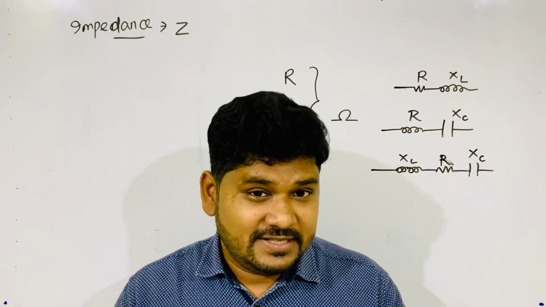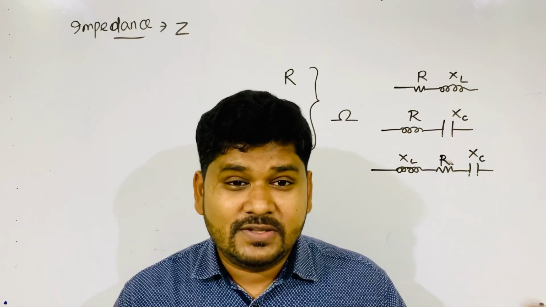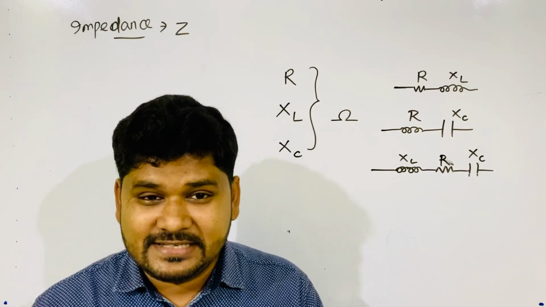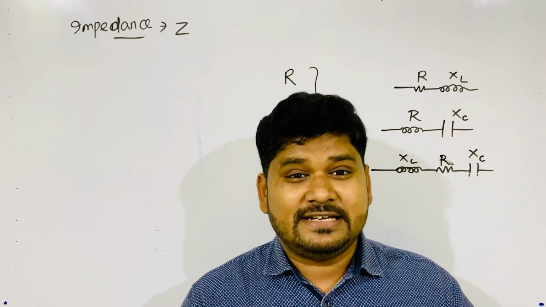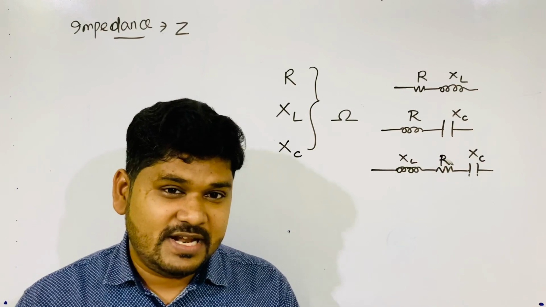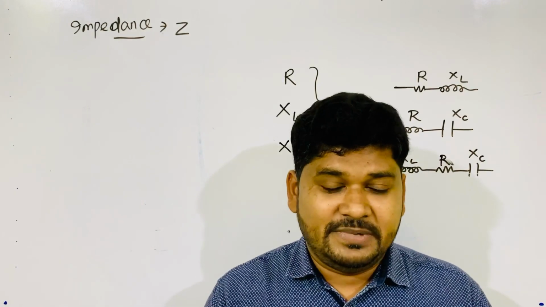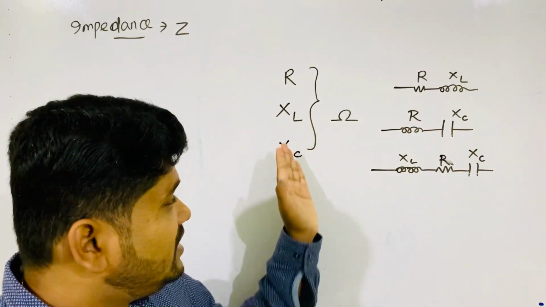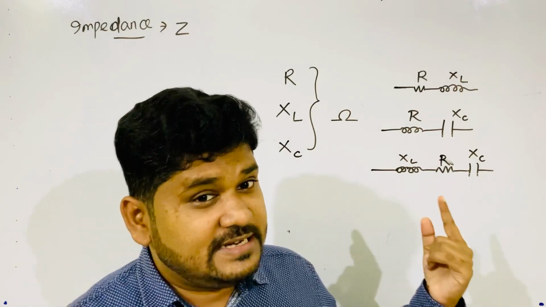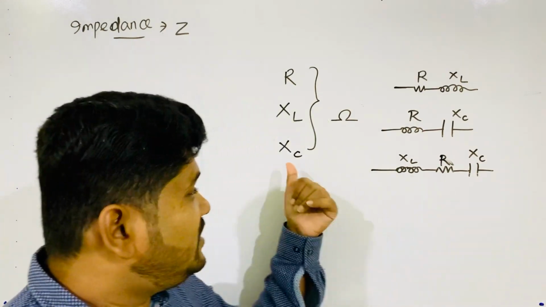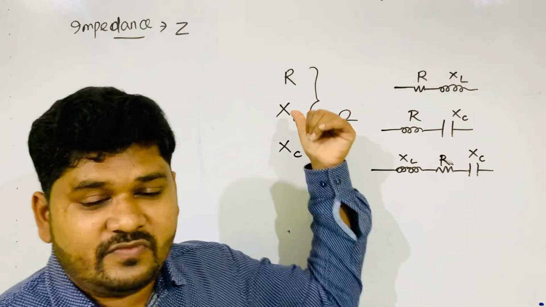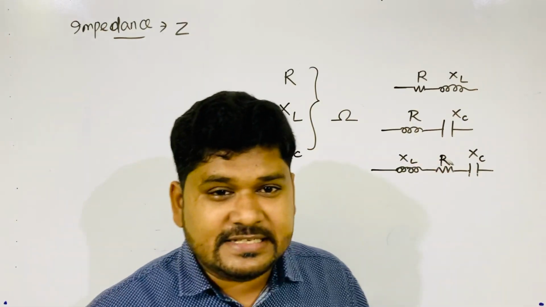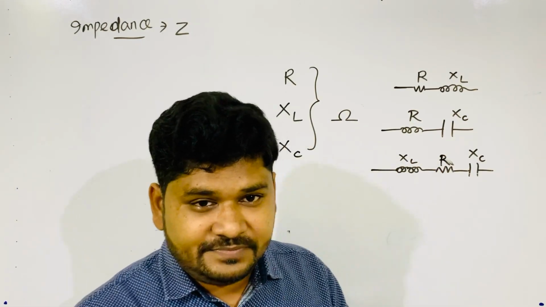If you want to write notes, you can write the definition: the net opposition offered by all the circuit elements in an AC circuit to electric current is called impedance. All of them oppose the electric current. One opposes flow, one opposes increase or decrease, and so on.